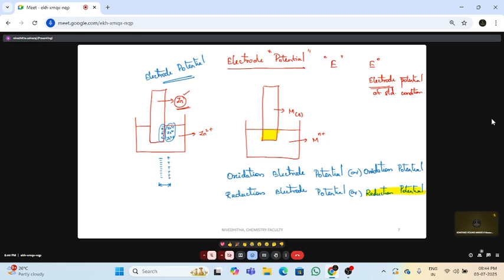Most of the problems will give you reduction potential only. If we are provided with oxidation potential, please convert it into reduction potential just by changing the sign, and then proceed with your problem. Don't use oxidation potential in any of your problems or shortcuts. We can understand whether the given data is oxidation potential or reduction potential, and I'll teach you how to identify that.